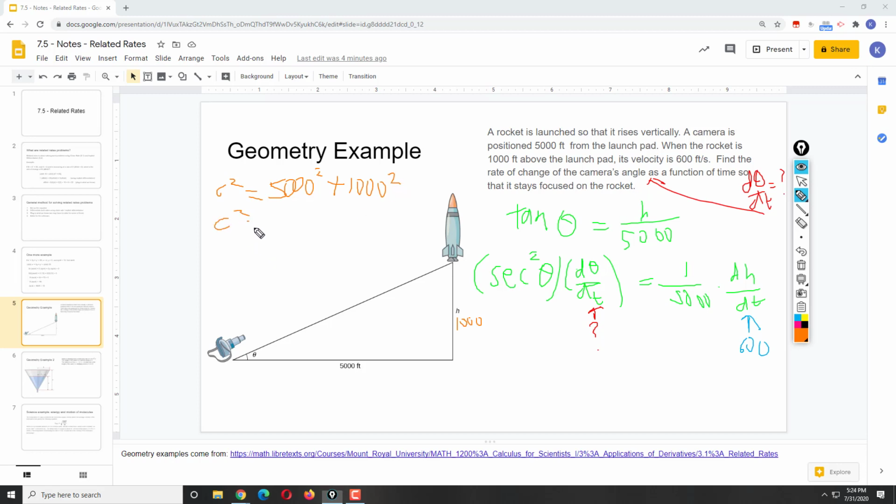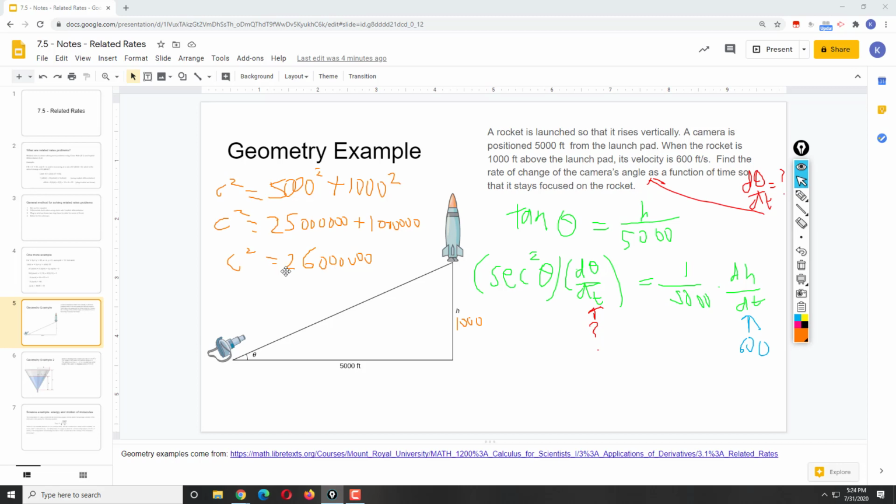So c squared is 25,000,000 plus 1 followed by 6 zeros. So c squared is 26 followed by 6 zeros.